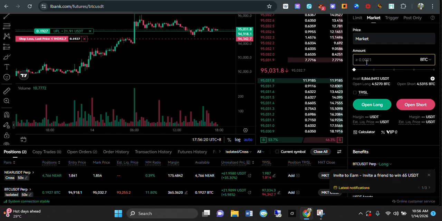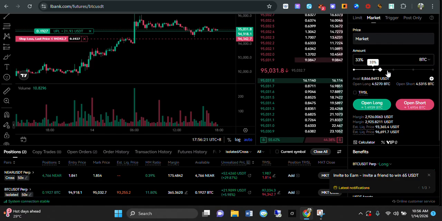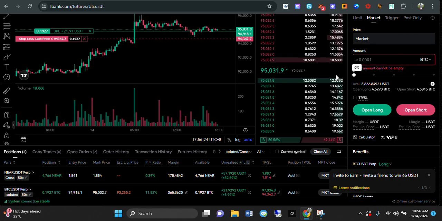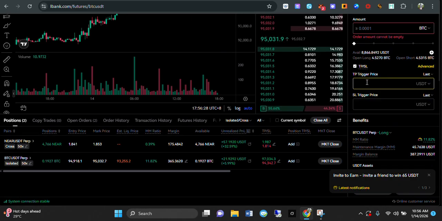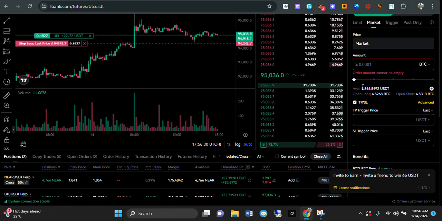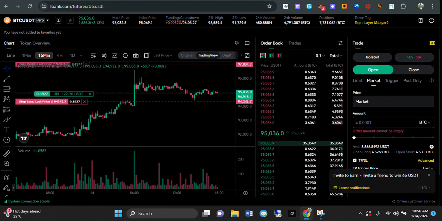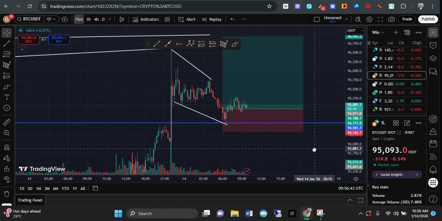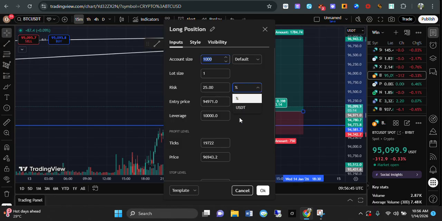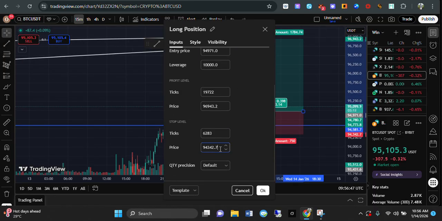And for this amount, you just need to draw this to the amount you want to risk while you maintain your TP and your SL. So let me give us an example. Let me copy my tools from here, from the BTC. So this is our SL.